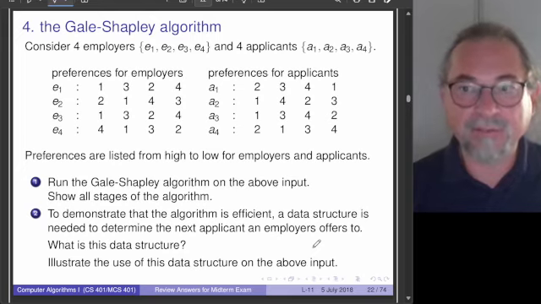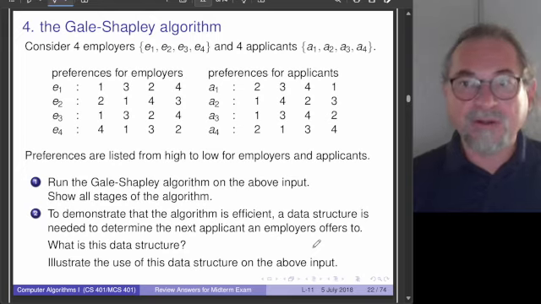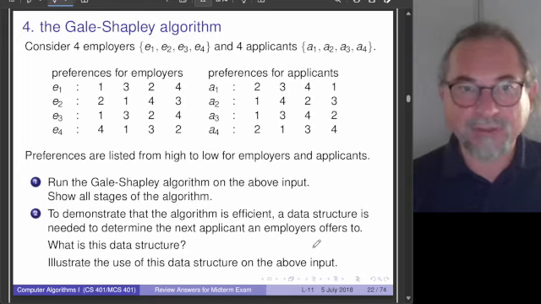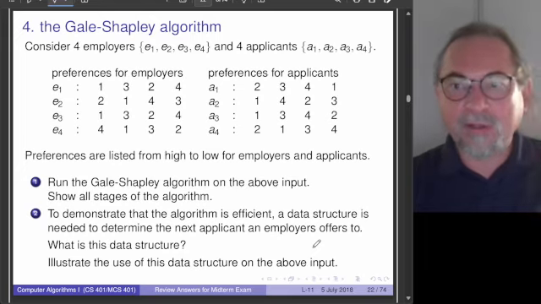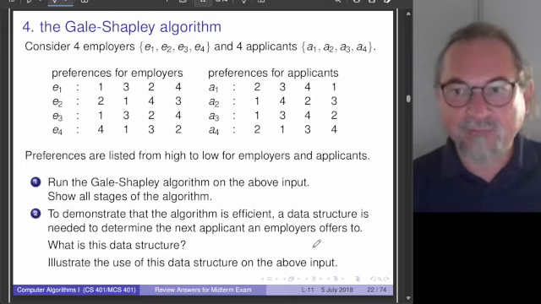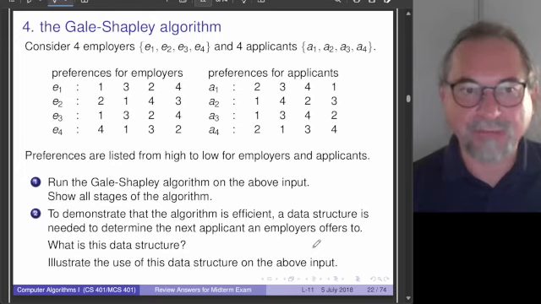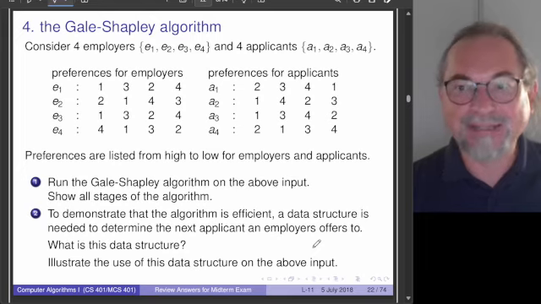So again, we have a labor market with 4 employers and 4 applicants. The employers have ranked their applicants in order of preference. So the first employer prefers applicant 1 over applicant 3 over applicant 2, and applicant 4 is actually the least preferred applicant for the first employer.